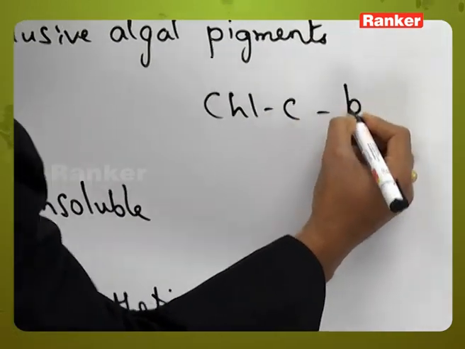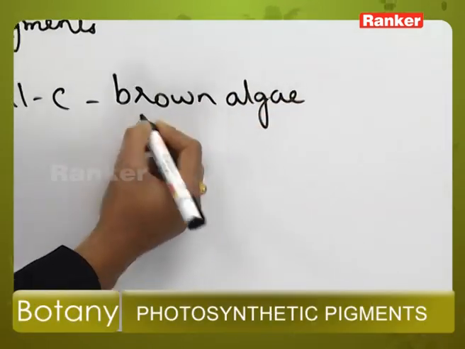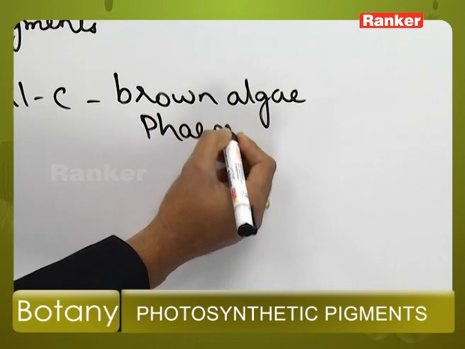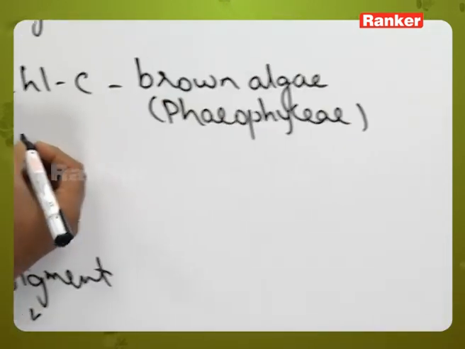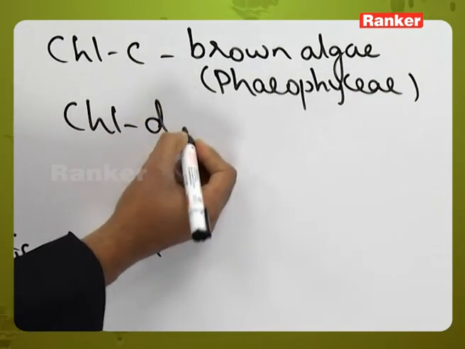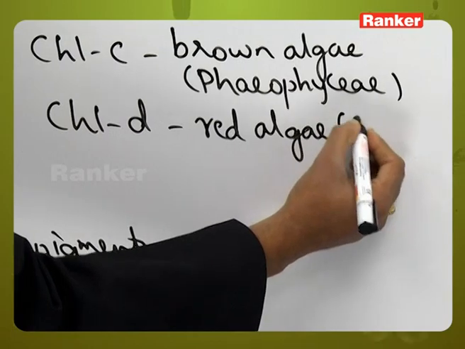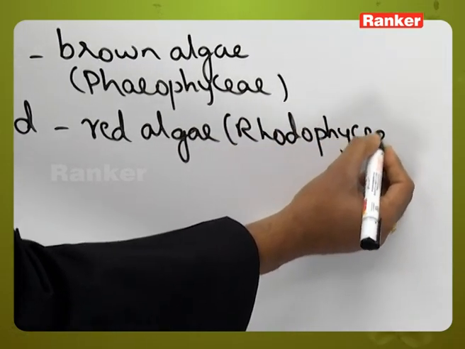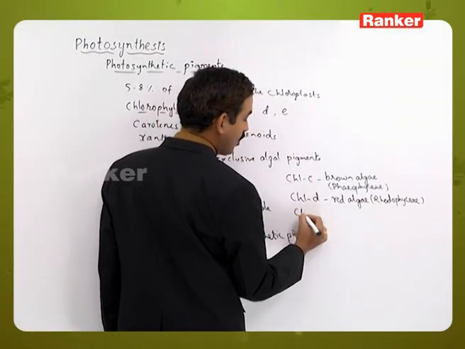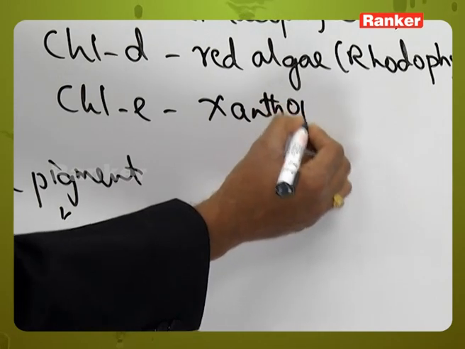Chlorophyll C is present in brown algae, that is Phaeophyceae members. Chlorophyll D is present in the red algae, that is Rhodophyceae members. Then chlorophyll E is present in Xanthophyceae members.